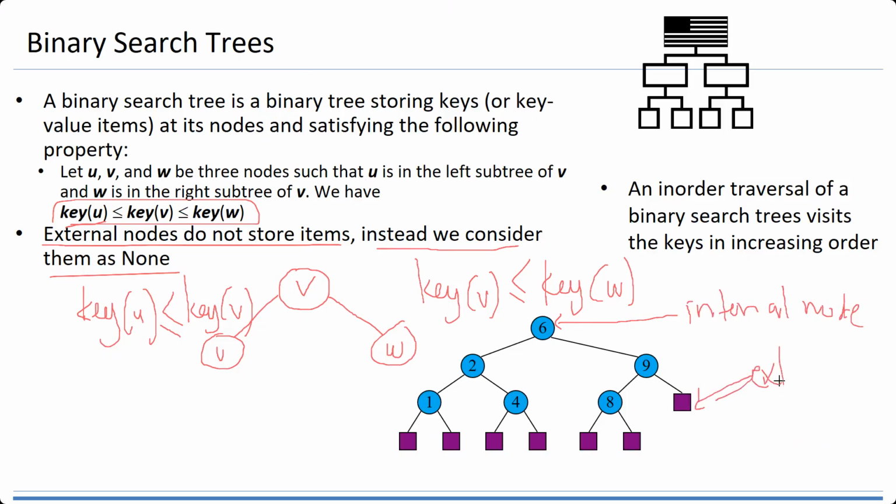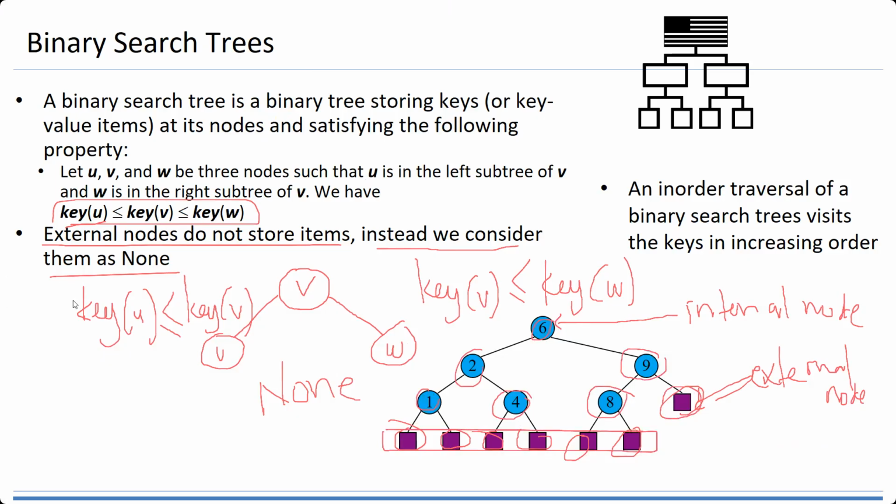The external nodes, this one, this one, this one, and this one, are none, or nothing. There is no value. But we still need to have them in order to check what is the last value from the internal node.